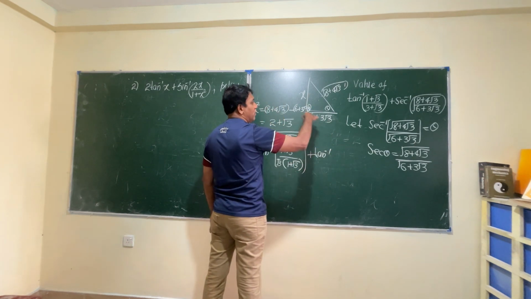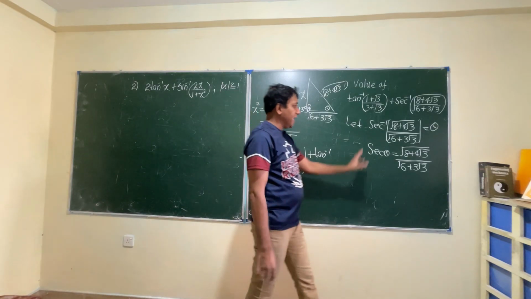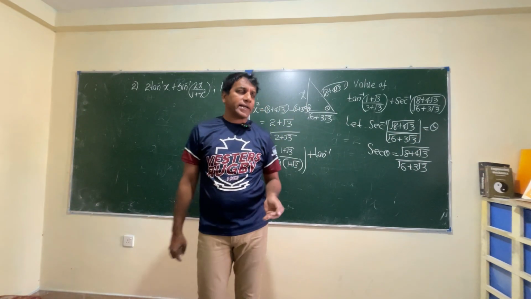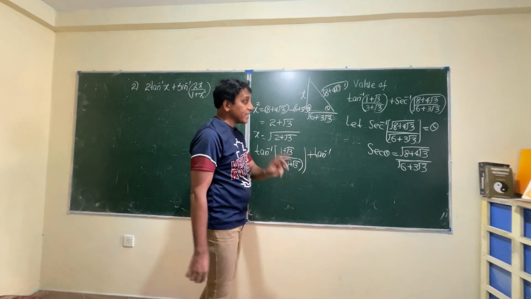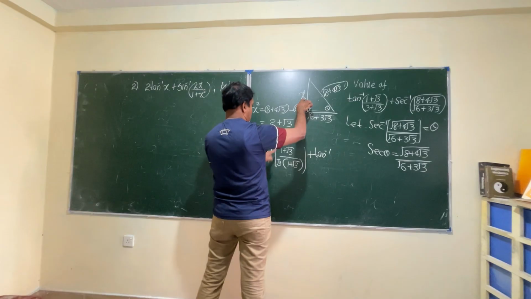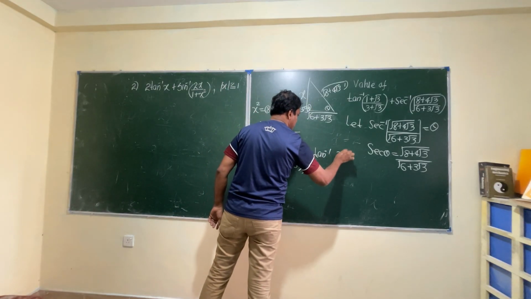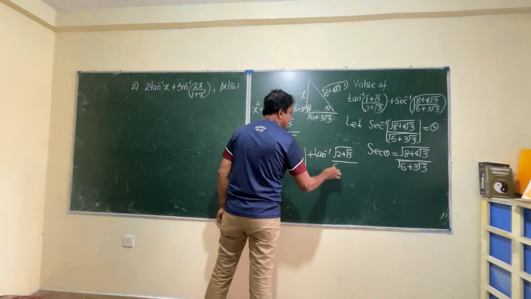What is tan theta then? Opposite divided by adjacent. Is it true? I took theta in several formats. The sec theta is this. Same answer in terms of tan theta: x, that is square root of 2 plus root 3, over square root of 6 plus 3.